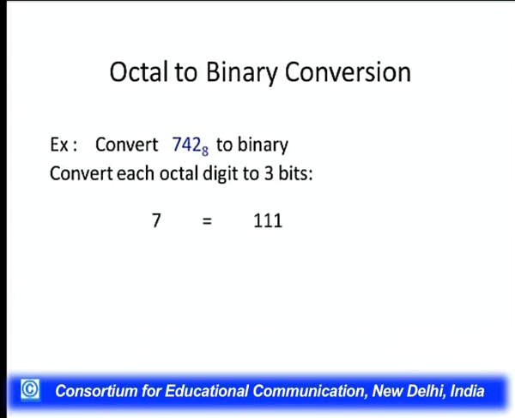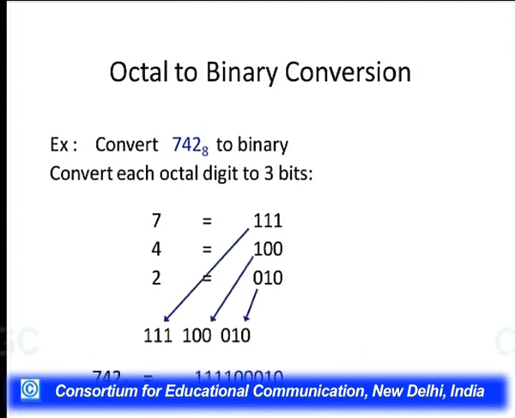So, 7 is represented by 111 in binary, then we convert the digit 4. 4 is represented by binary 100, then we see the digit 2. 2 is represented by the binary digits 010. If you want to find the complete octal number in binary, you only have to club all these together and write. You can see here how we write this. The binary number that you see is a combination of these 3 bits.